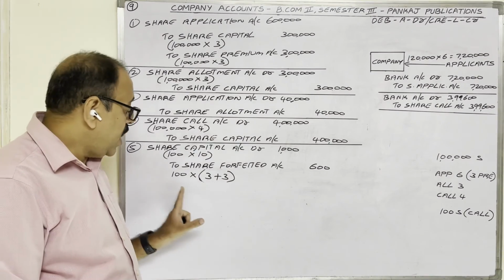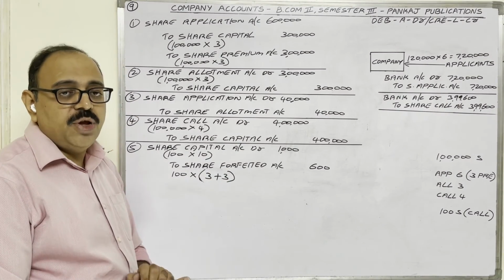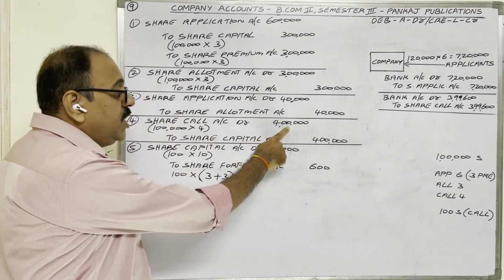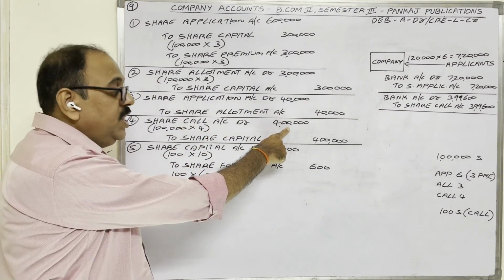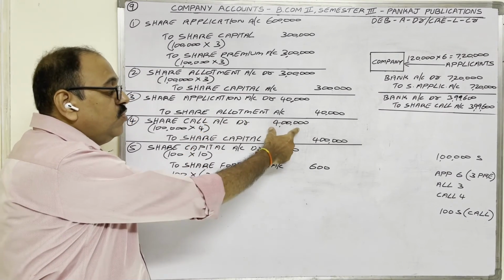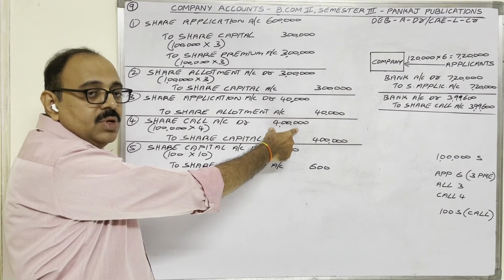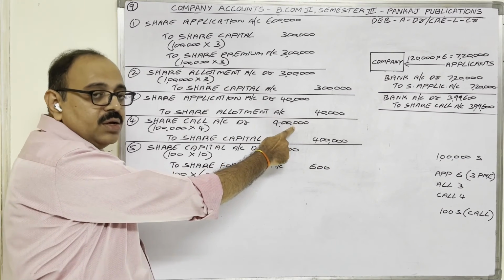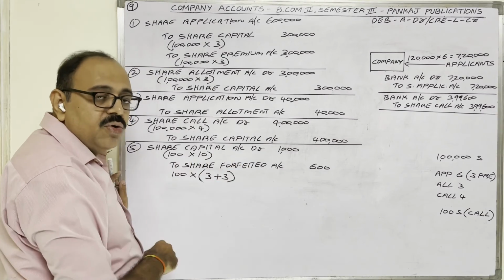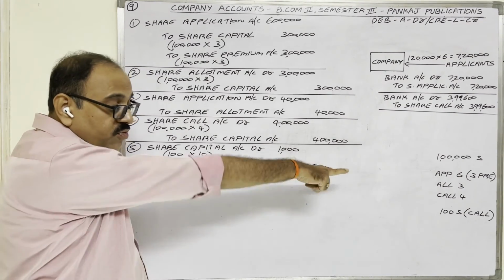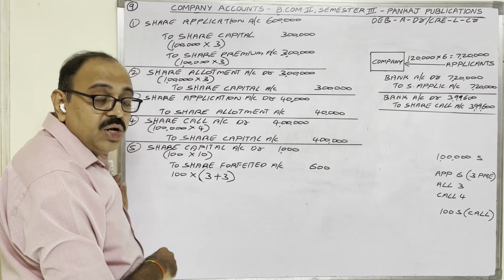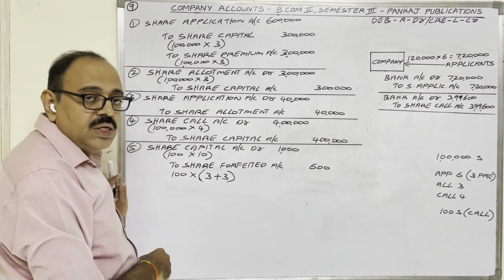Next, on 100 shares, call money is not coming now. See this fourth entry. Share call account we have debited with 4 lakh rupees. Means in books we are writing that from applicants towards call money 4 lakh should come. Applicants are debtors for 4 lakh. But on 100 shares, call money is not going to come. 100 shares into 4 rupees each, 400 is not going to come from them because we are forfeiting those 100 shares.